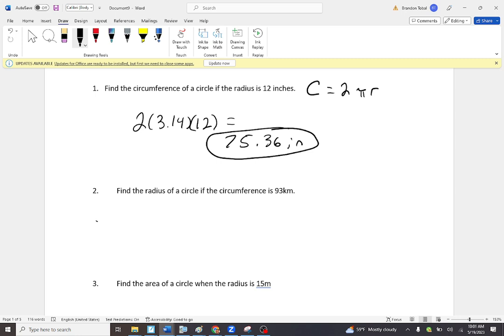So, number 2 is the reverse situation. Since the circumference is 93, I know it's 93 equals 2 times 3.14 times r. In this case, I don't know what r is. Well, I'll multiply the 2 and 3.14 to become 6.28. Then divide 93.